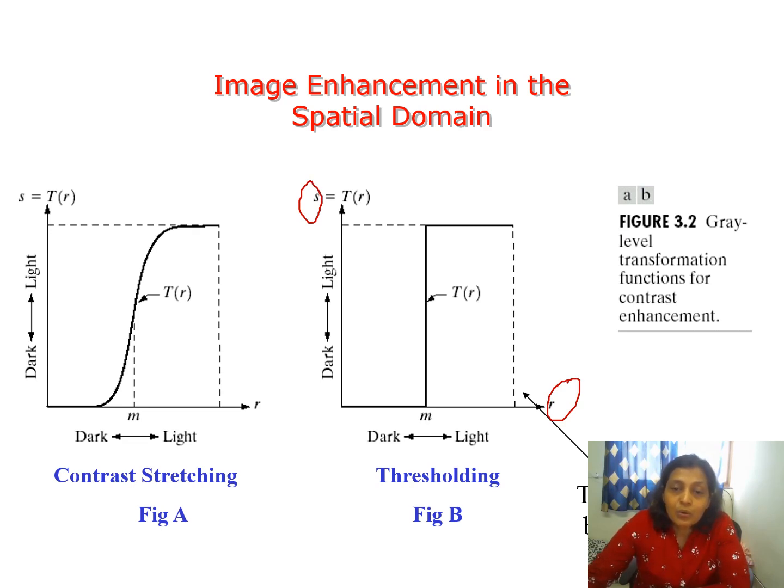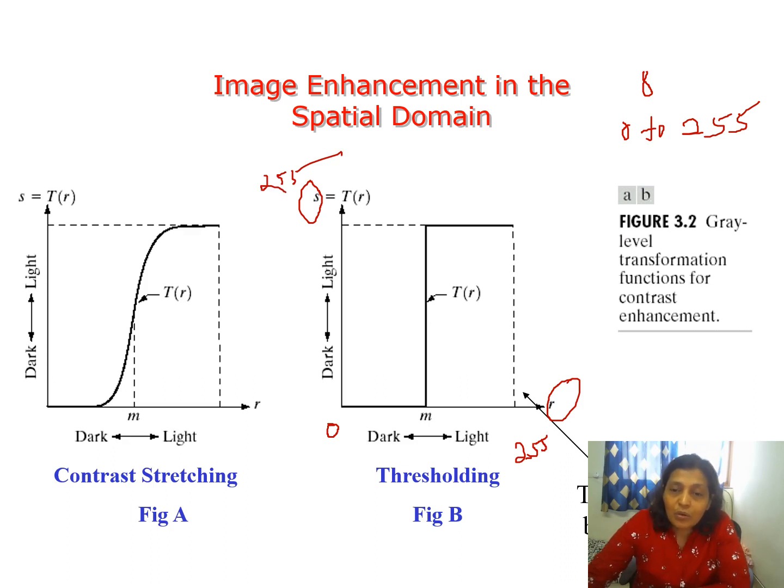If the image is an 8-bit image, how many gray level values? 0 to 255, right? 0 is black and 255 is white. So if I plot the input gray level value of an 8-bit image, this will be 0 to 255, and the output will also be 0 to 255. This should be 255, L minus 1.